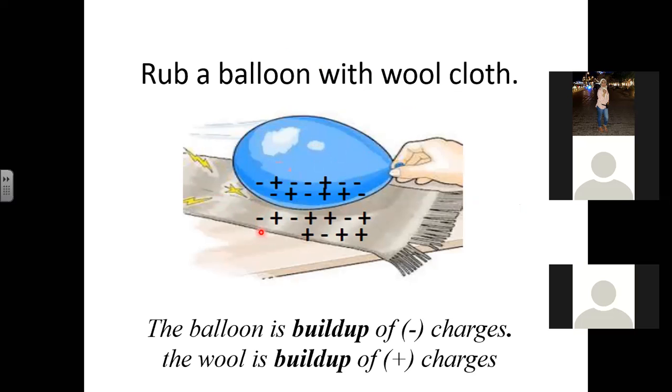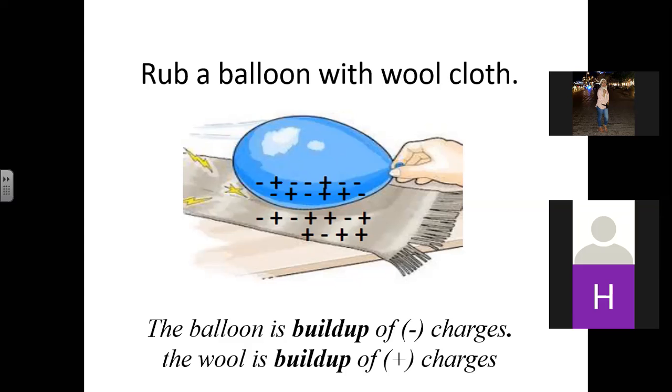Now you bring this balloon and put it next to your hair. When you do this, Ahmed, your hair starts to rise, right or wrong? Yes. This is because your hair has a positive charge, and when you rubbed the balloon against the cloth, you filled the balloon with negative charge.